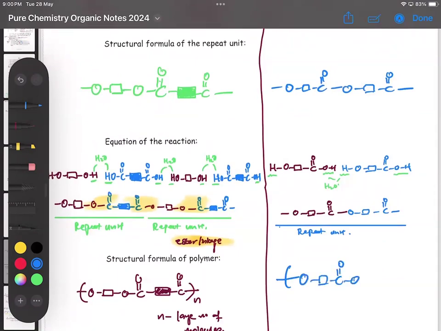And all right, any question? It's exactly the same thing, just that instead of using two monomers with two groups, I just redraw them into one monomer with two groups, one on the left, one on the right. Then it will react with itself.